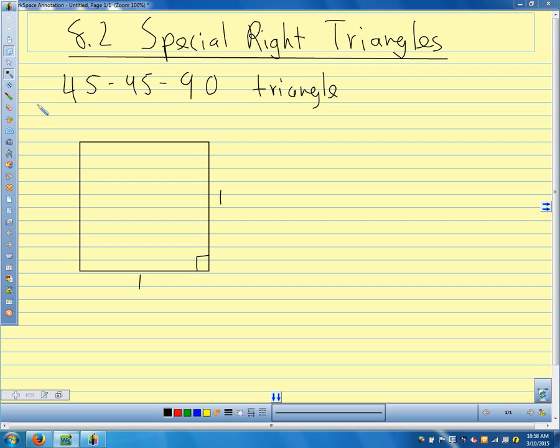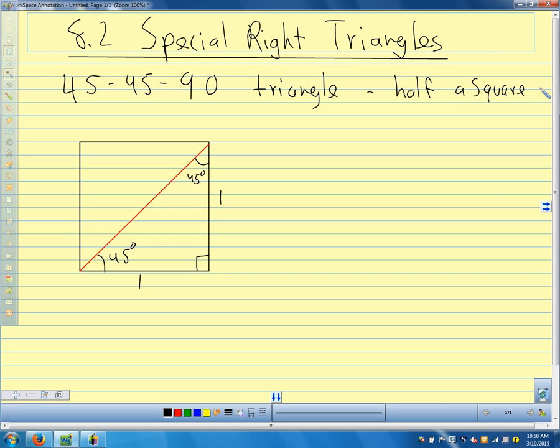If I draw the diagonal of the square, like so, what does the diagonal do to these angles here? Cuts them in half. So these are 45 degrees. So a 45-45-90 triangle is half a square. And that's part of the reason why they work the way they do.